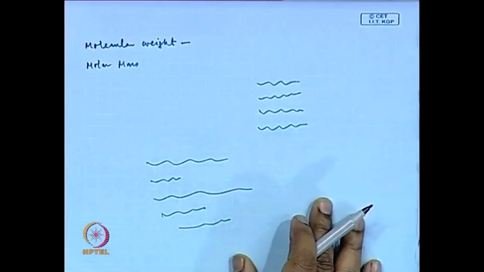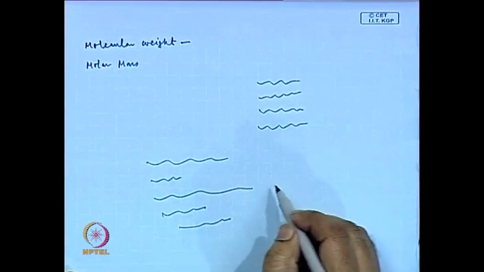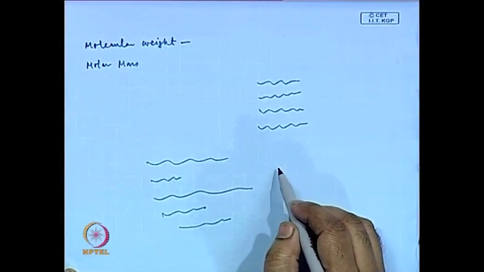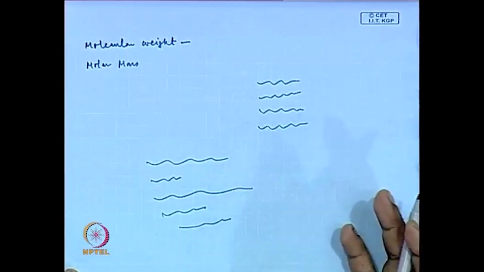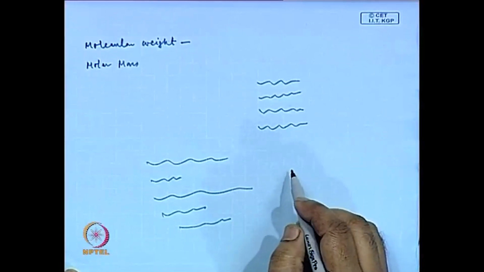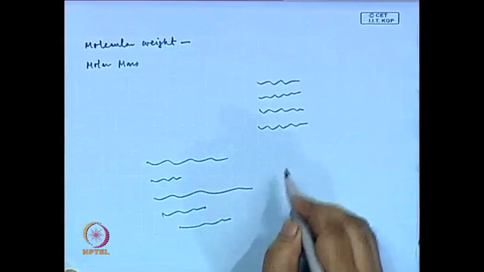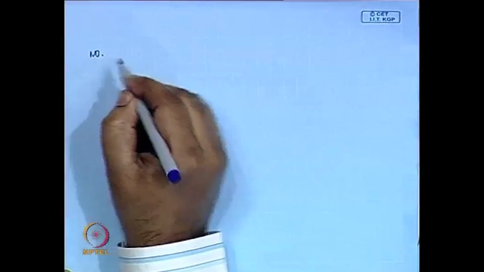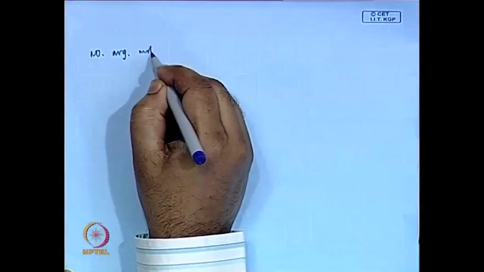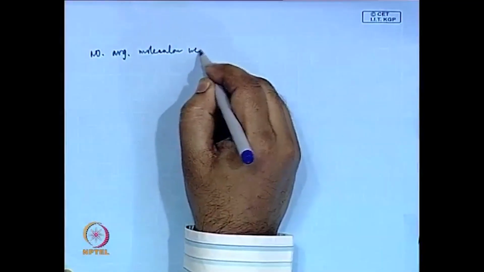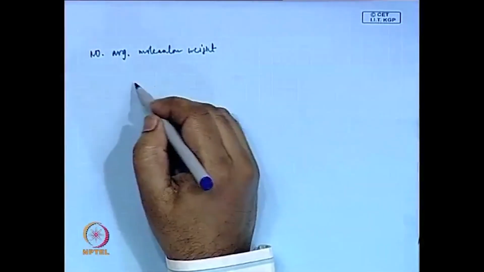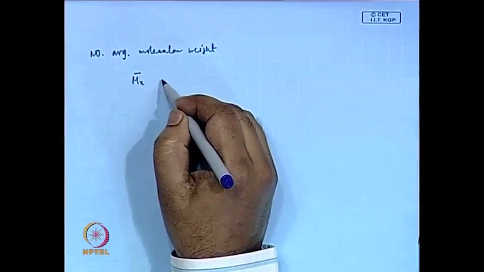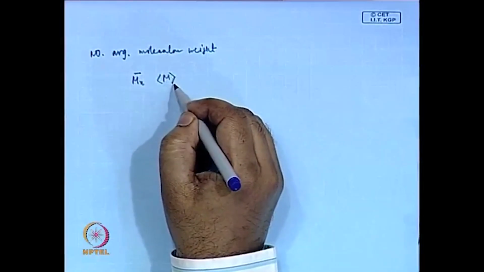So, how are polymer molecules defined? A simple arithmetic average, total weight divided by the number of molecules, gives us the number average molecular weight. Again, you can write number average molar mass as well. It is represented sometimes like this, and some books write it like this.